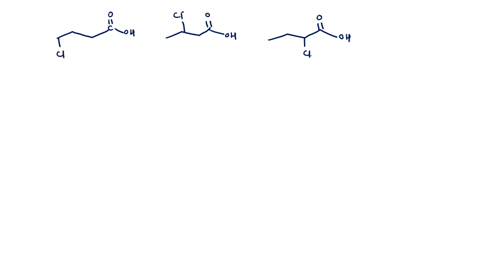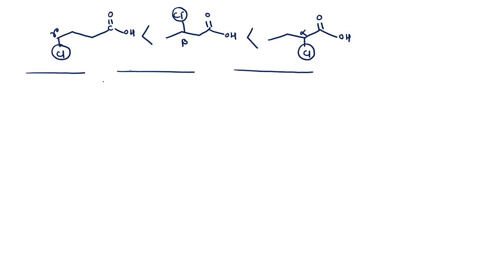All three have minus I, but listen, here the Cl is very close to the center, here a little bit away, and this one is extremely far. As we go away from the center, the magnitude of inductive effect decreases. That's why this is a stronger acid than this, than this. So this is the application of inductive effect for finding acidity.